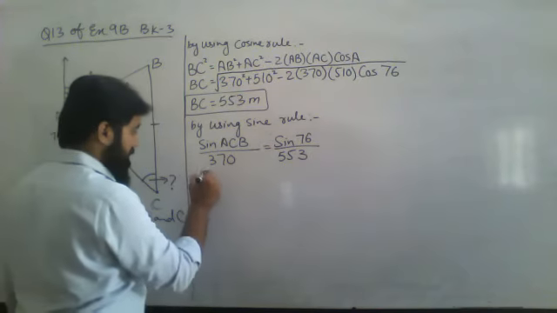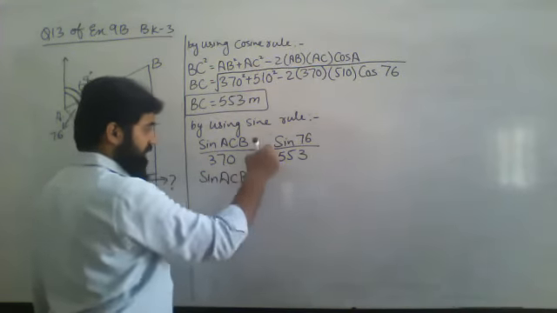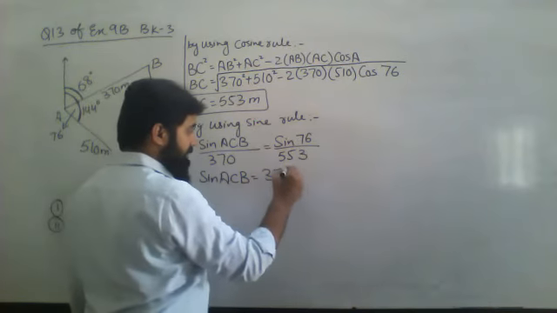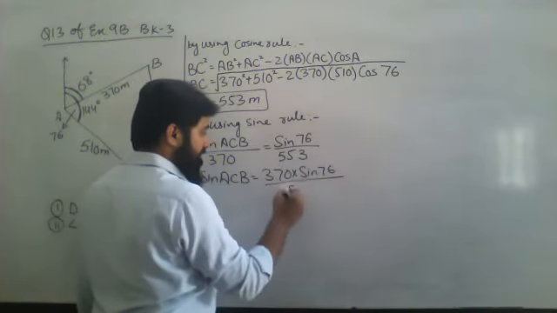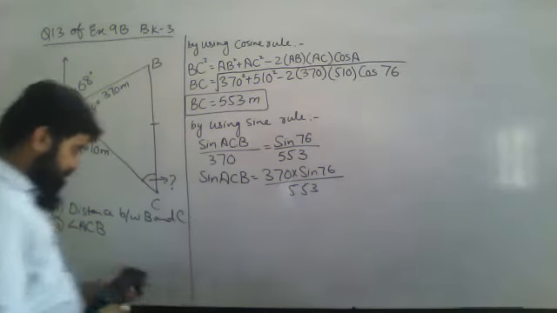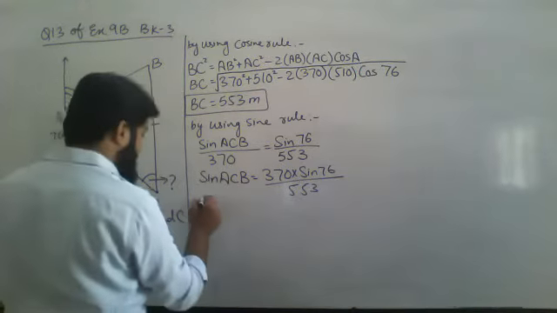So first of all, sine ACB equals, shifting 370 over here, 370 into sine 76 over 553. Now simplifying it and seeing what my answer is going to be.